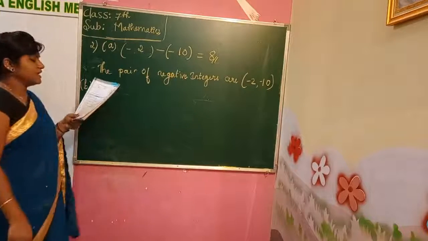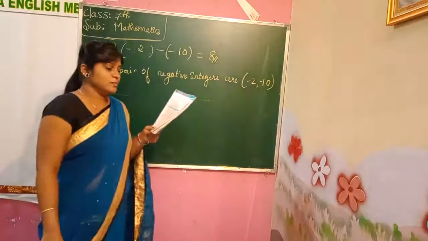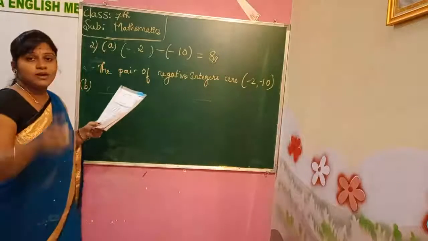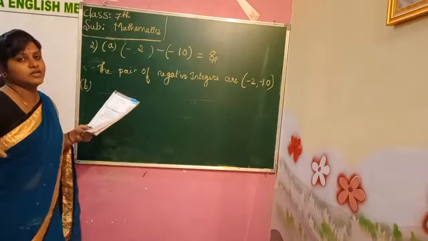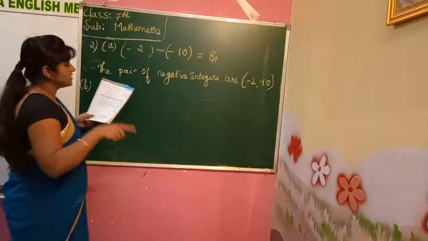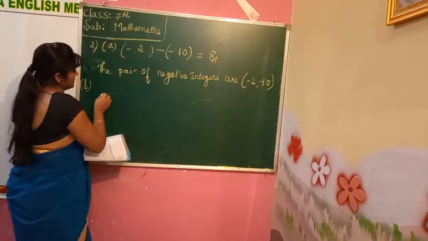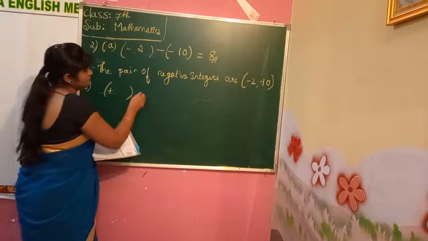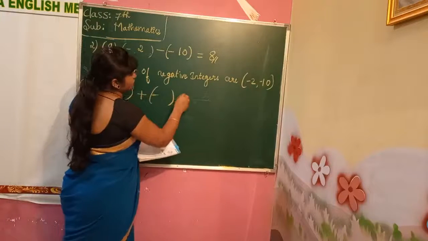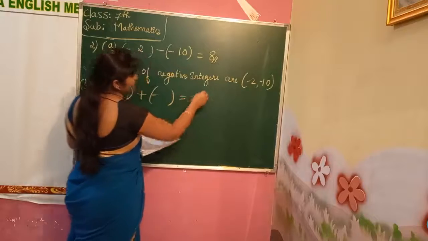Next one, write a negative integer and a positive integer whose sum is -5. Take one positive and one negative and add them. So the answer has to come minus 5.